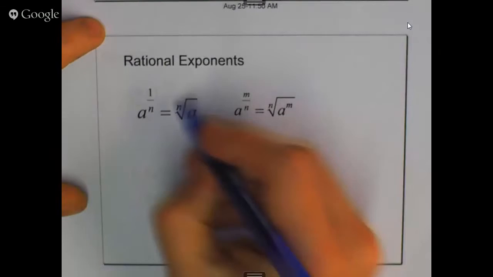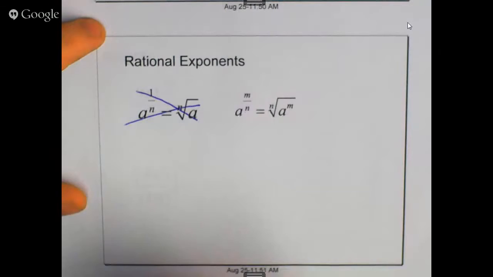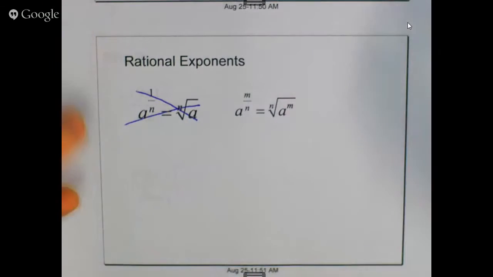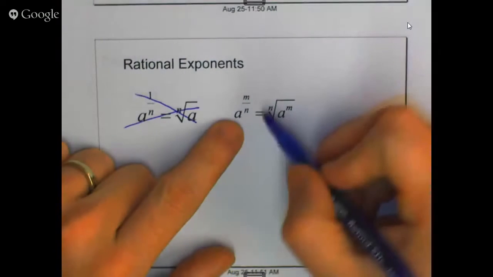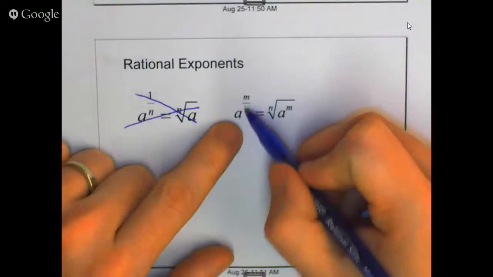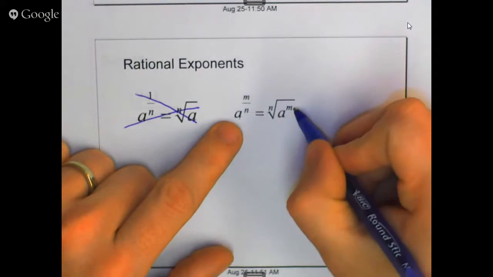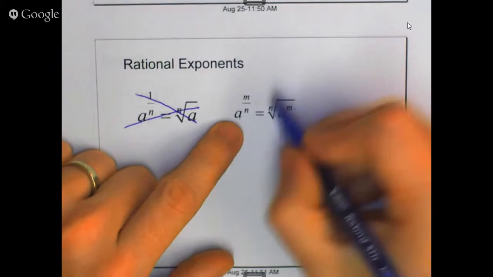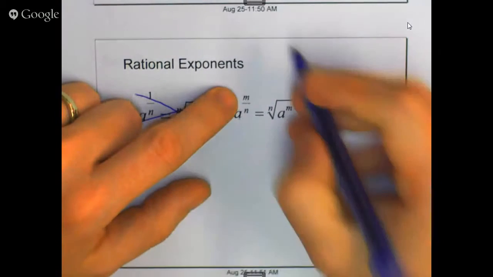We don't need to memorize this one. Let's remember this property here, because if we can get this property, we can definitely get this one very easily. Okay, so I have a to the m over n, a fractional exponent, equals the nth root of a to the m. That's a little confusing. So let's notice here. My m goes to the inside of my radical, so we'll say inside.